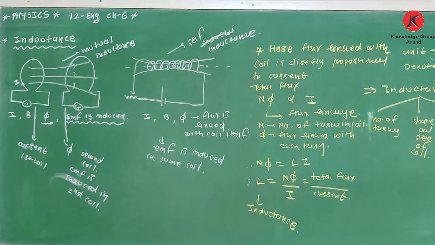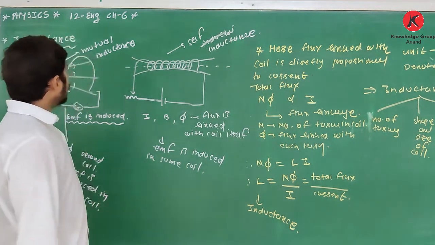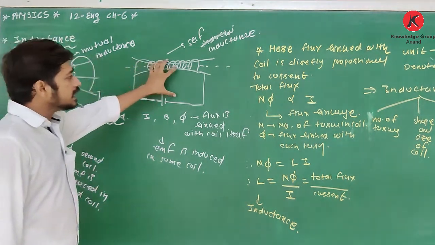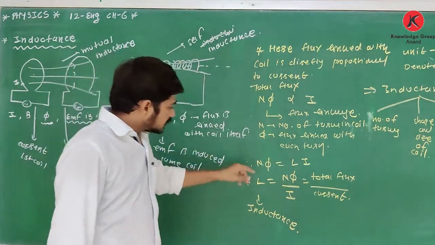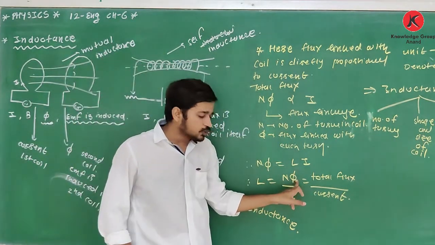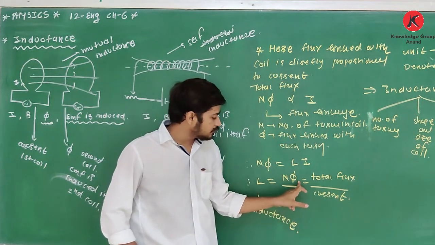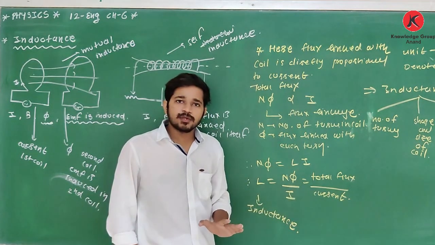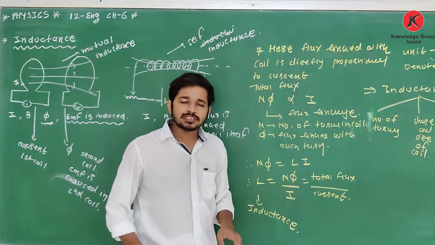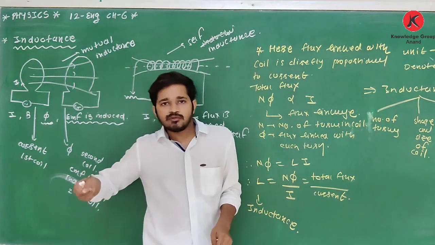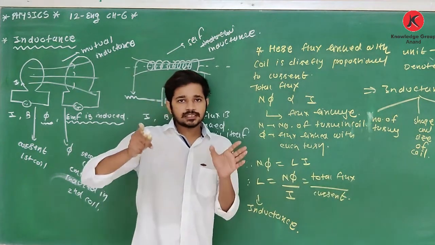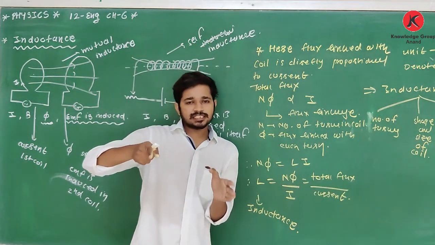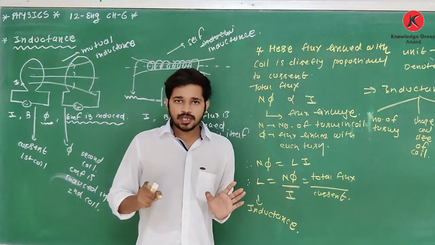Now we will see in detail what is mutual inductance and what is self-inductance. But again, to find inductance, we have to find total flux per current. Clear about this? For mutual inductance, we flow current in one coil and find the flux in the second coil. But for self-inductance, the current and the flux are in the same coil. So that is the difference.